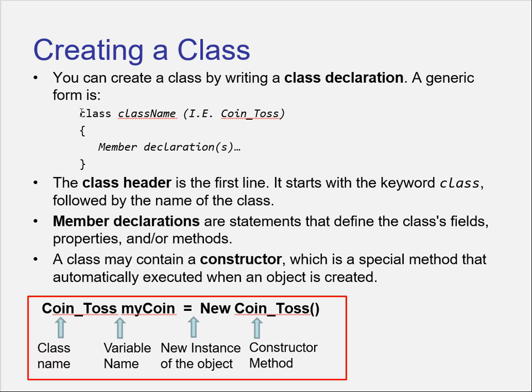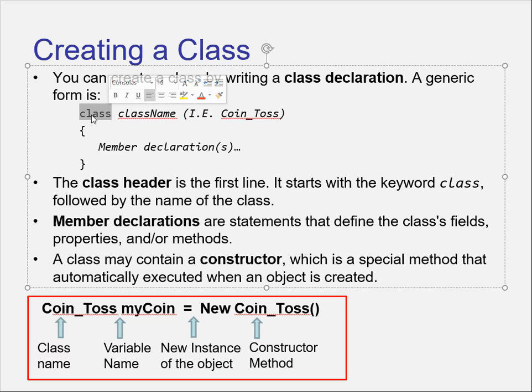Creating a class is very similar to creating a structure. When we were creating a struct, if you remember that from Chapter 8, we use the reserved word class and then give it a name. For example, if we're going to create a class for tossing a coin, we could call it CoinToss. The naming convention, I believe, is camel case, so we should have this in proper camel case, something like that.